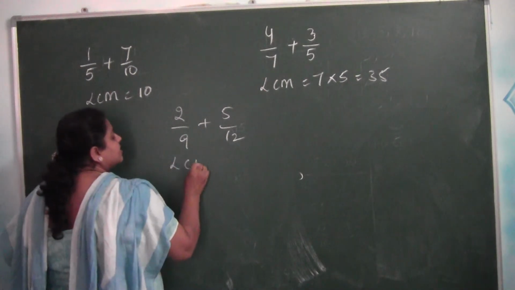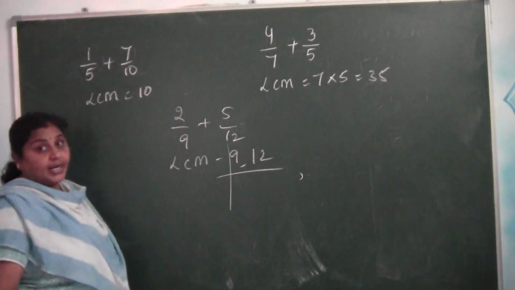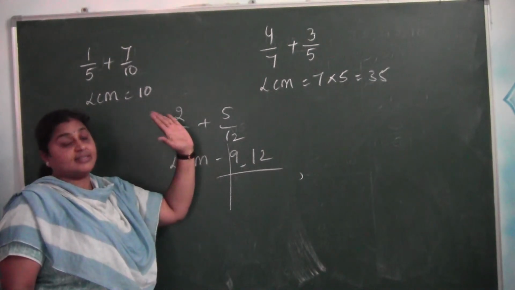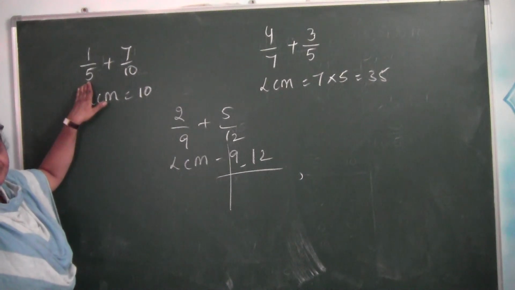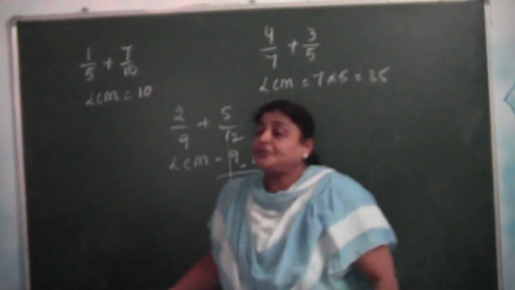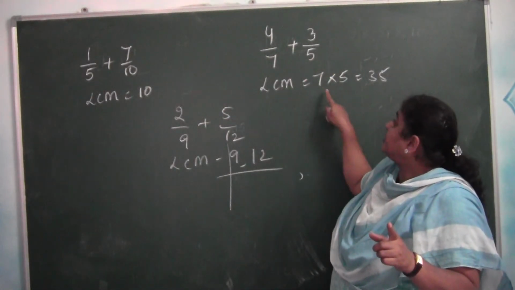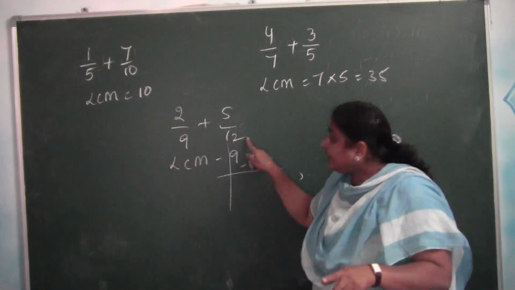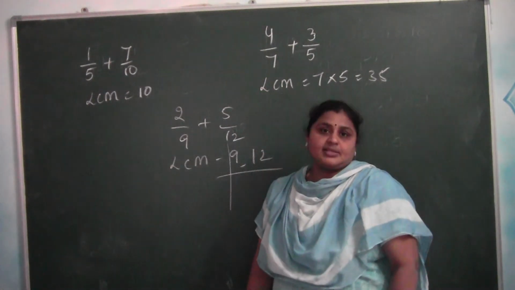Then in this case, 9 and 12 have common factors. So in this case you will calculate the LCM of 9 and 12. In the other two cases, you are not calculating, simply writing as it is. If one denominator is a multiple of the other, the highest denominator is its LCM. If two denominators have no common factor, their LCM is equal to the product of denominators. If two denominators have common factors, only then are you supposed to calculate the LCM.